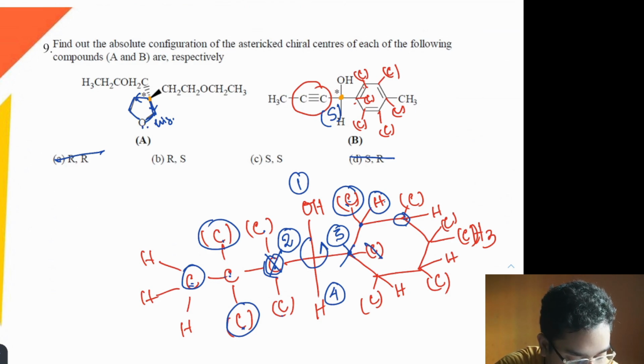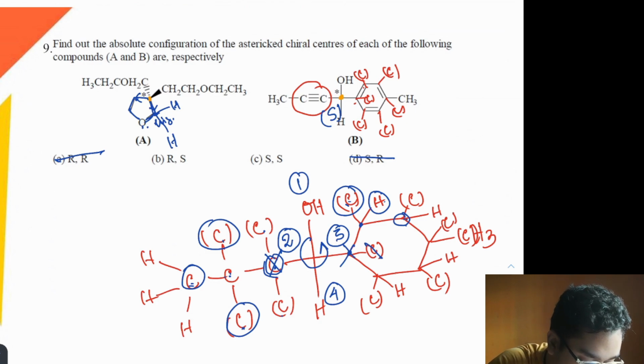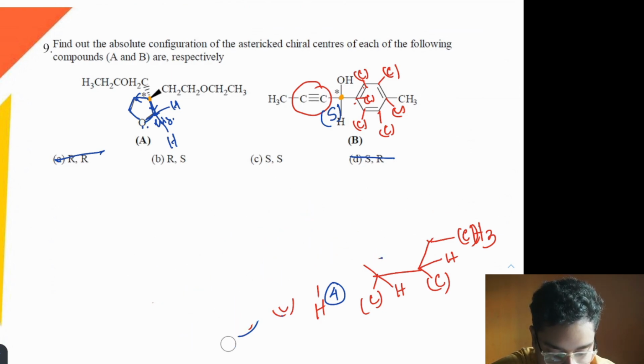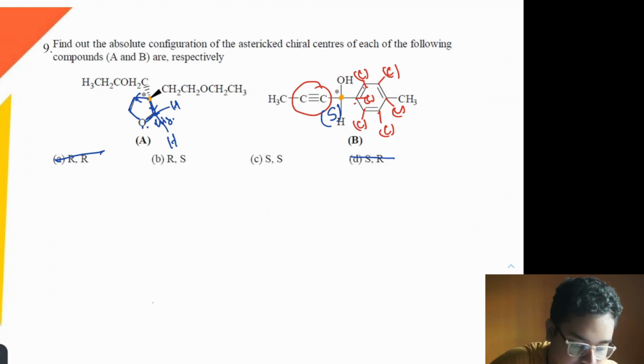Here 2 carbon, then oxygen. 2 hydrogen is there. So here CH2. Just simply draw this particular molecule, otherwise it will be a little bit confusing. I just simply remove.